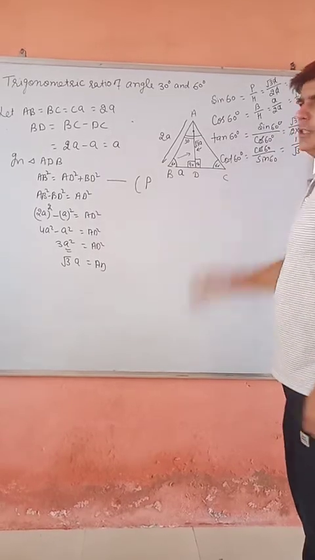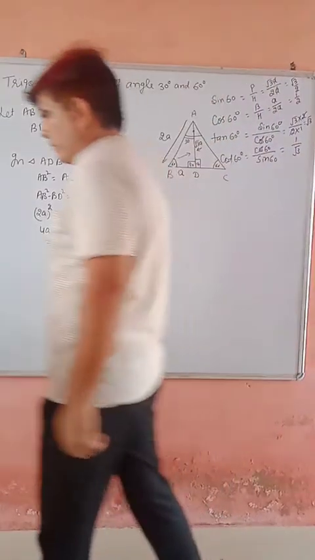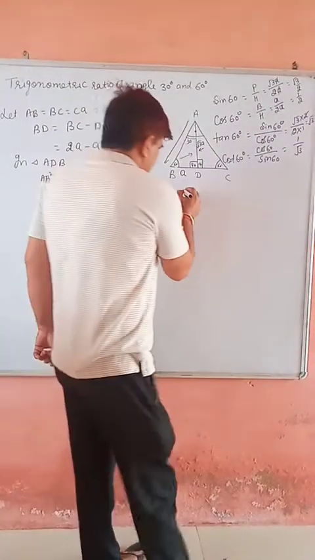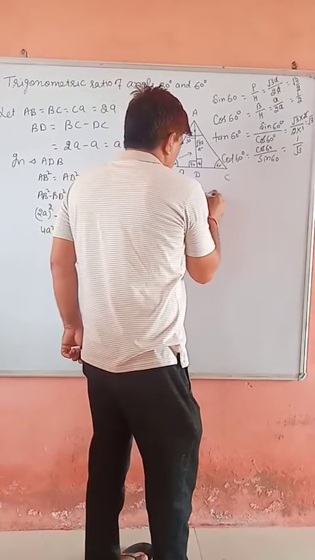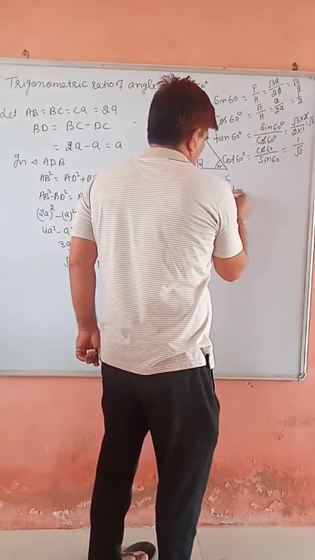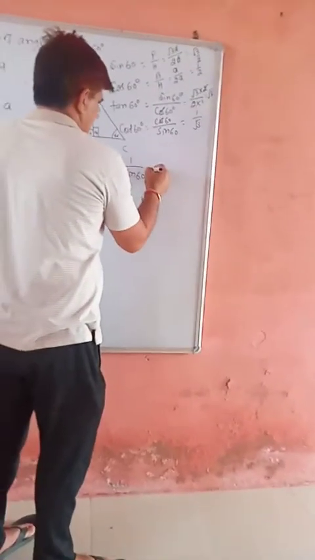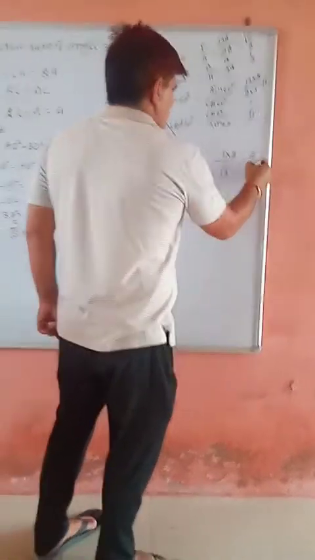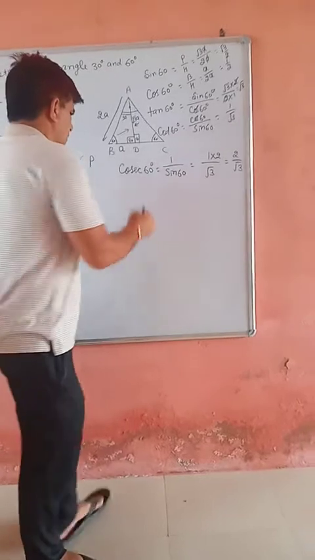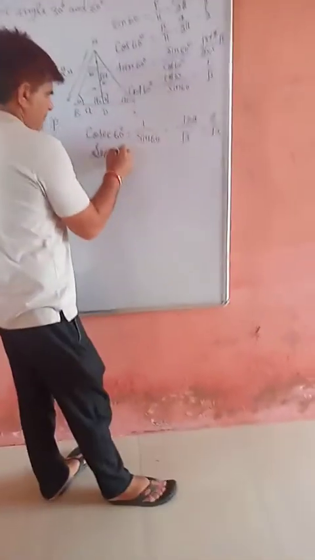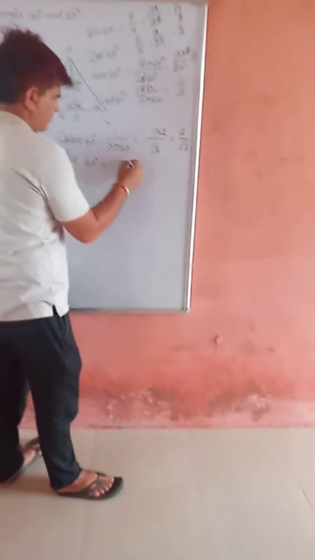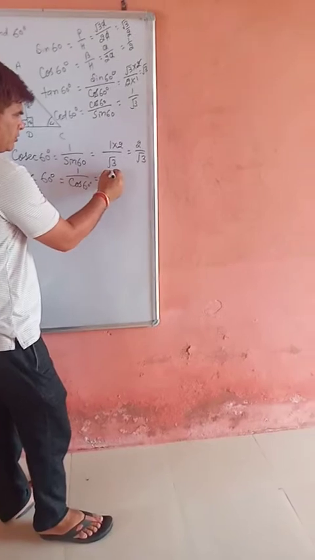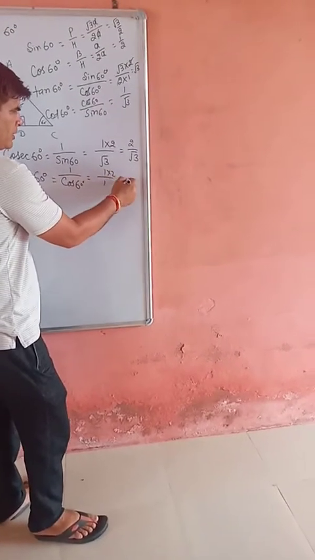Similarly, you can find cosecant 60, which is 1 over sine 60, equal to 2 by √3. Then secant 60. What's secant 60? 1 by cos of 60, which is 1 by 1/2, equal to 2.